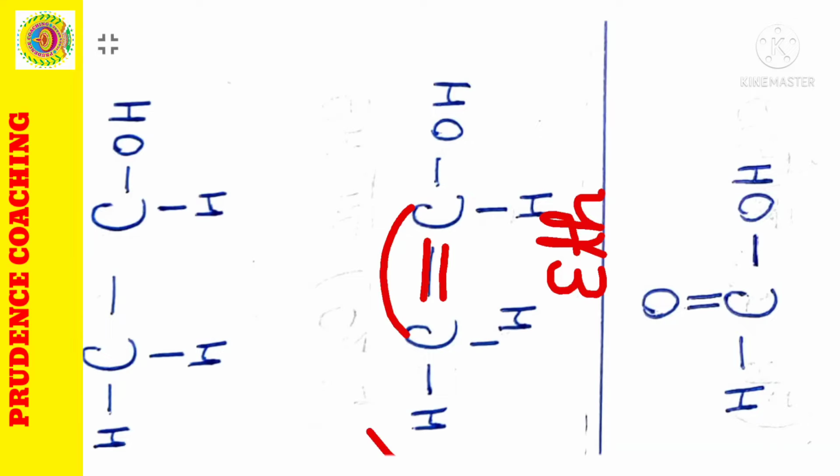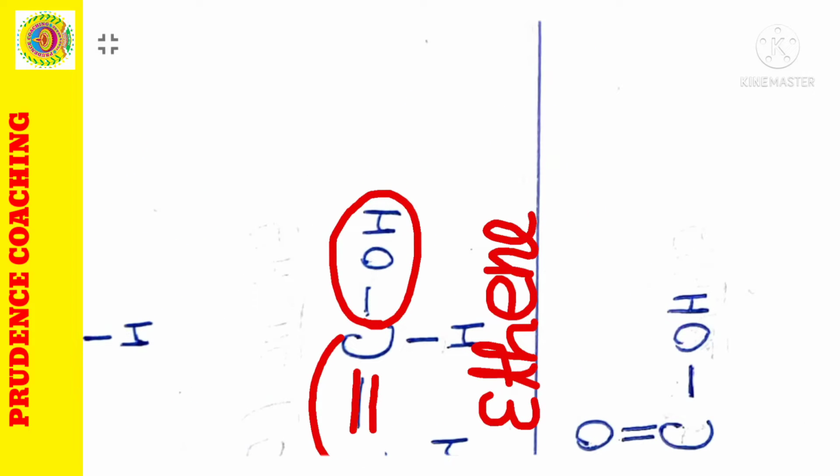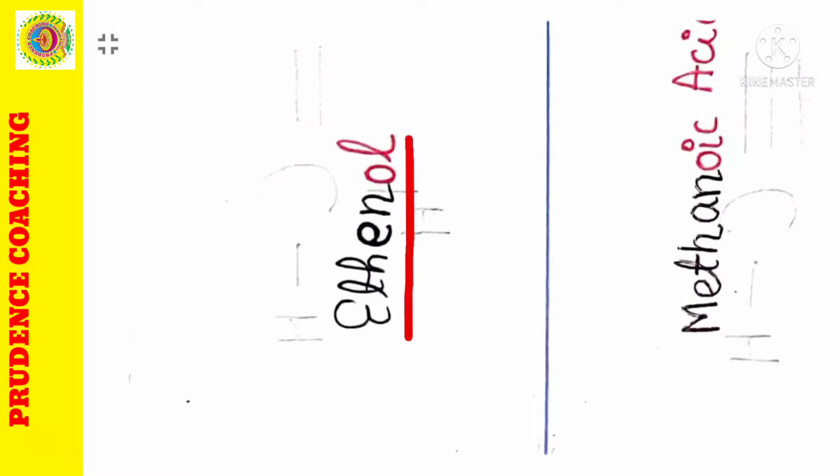So if there is double bond, you need to use ENE, not ANE. So here we have used ENE, and here you can find the functional group as OH, that is of alcohol. So according to the rule, you need to remove this E and write OL here. So your answer will be ethenol here. So this is our answer here.